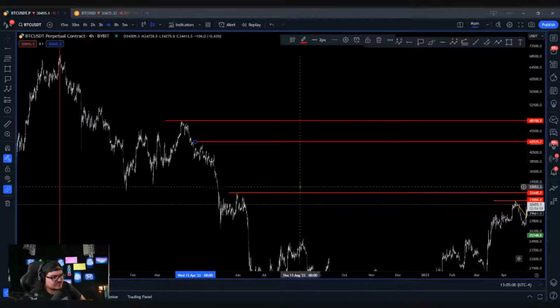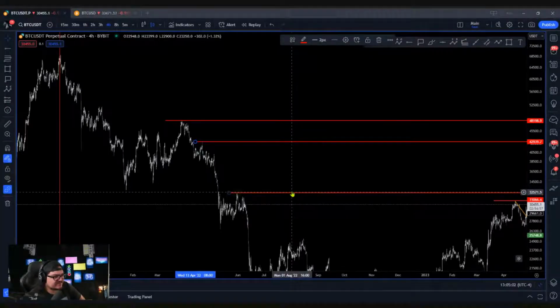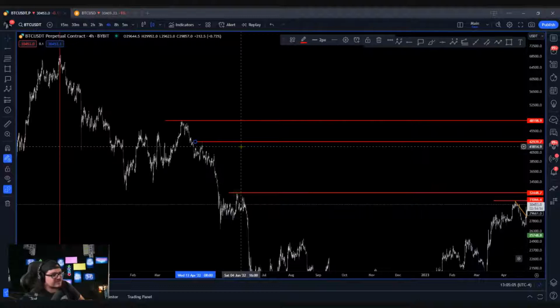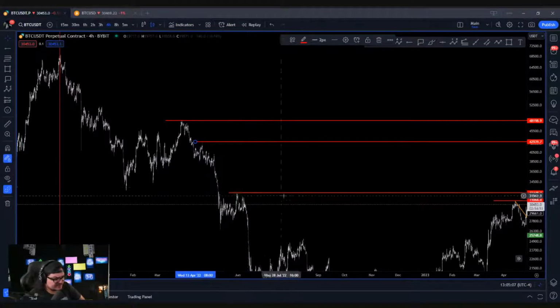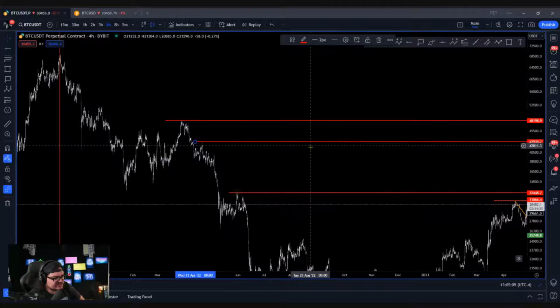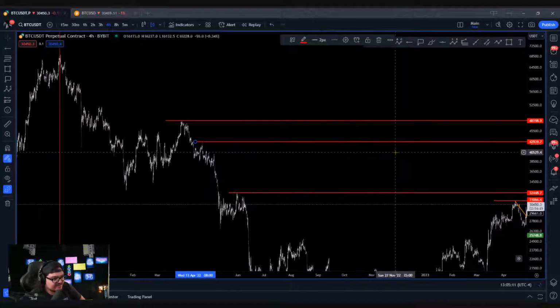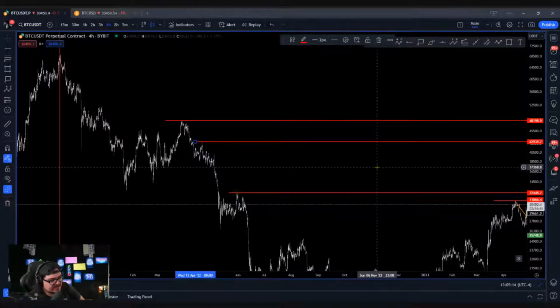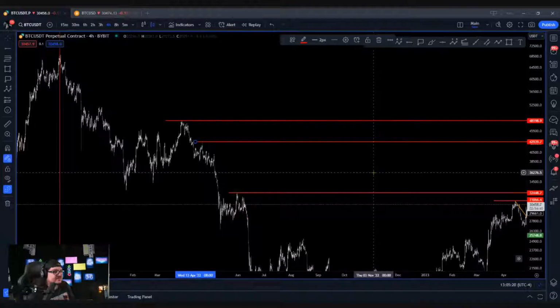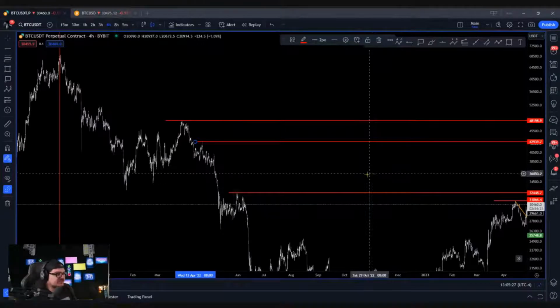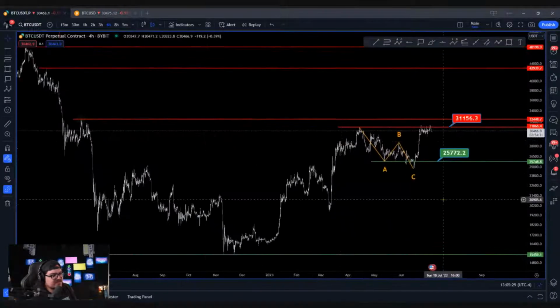So as long as price can clear 32,450, I honestly think price can easily retest the previous high at around 42,950 there. And then we've got to take it one step at a time. But in my opinion, if you were to ask me, I don't see a reason why price can't go test 48,195 or 48,200, depending on which chart you're looking at. But that is the resistance to the upside.